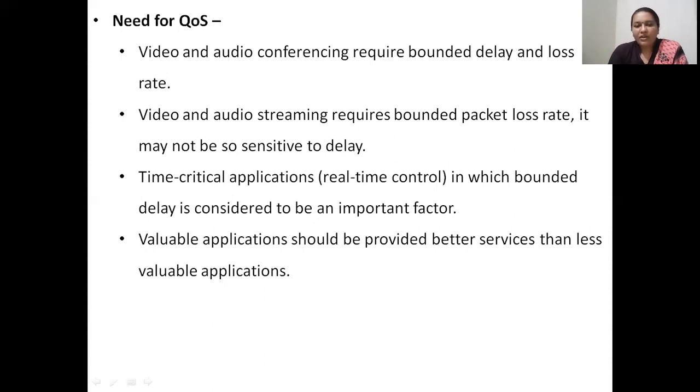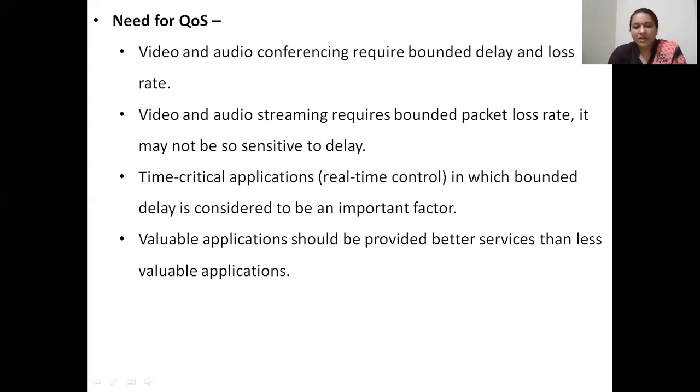And some valuable applications should be provided better service than less valuable applications. There are some very important applications like, say, a COVID call center or audio conference, or some military applications where the information has to be conveyed within the shortest possible time, and the application cannot be delayed because it's a high priority application.